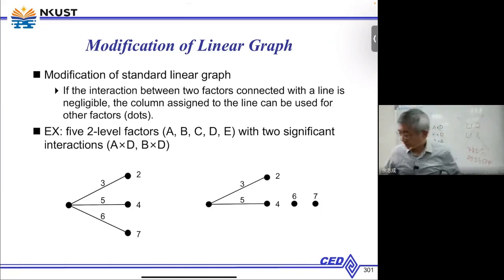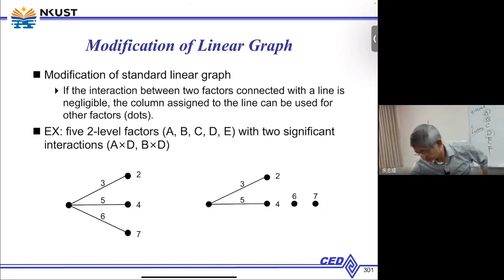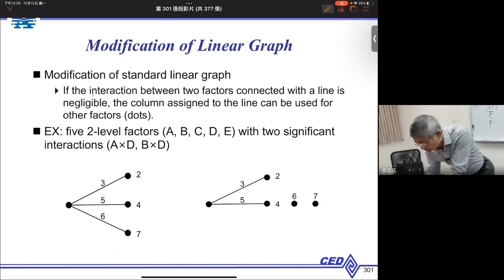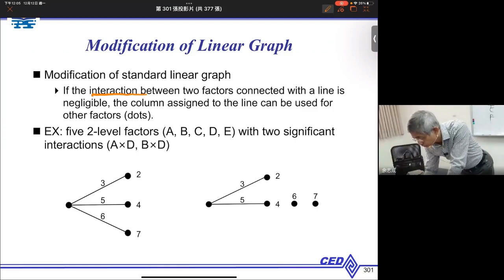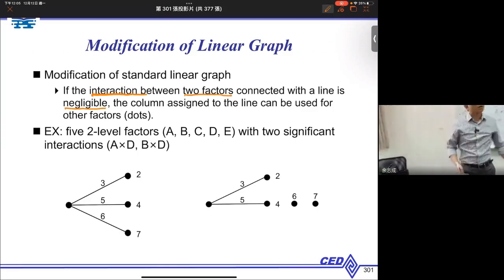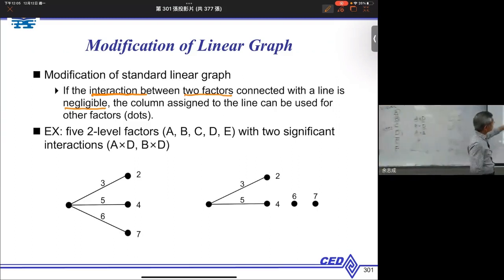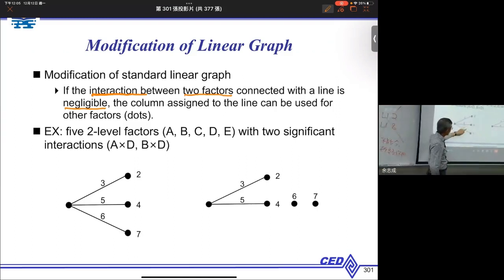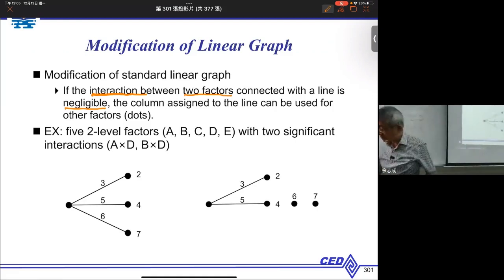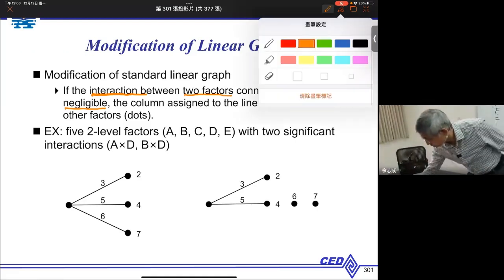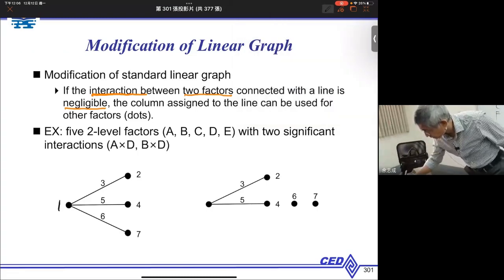As I mentioned here, if the interaction between 2 factors is negligible, although the original line is reserved for the interaction, this is column 1, I didn't write it here.